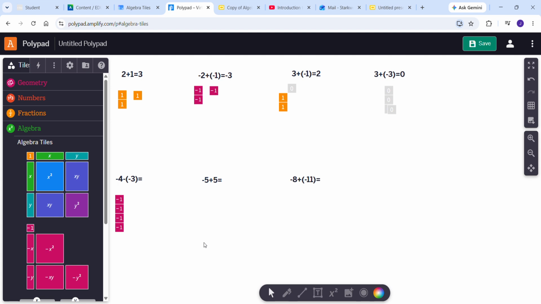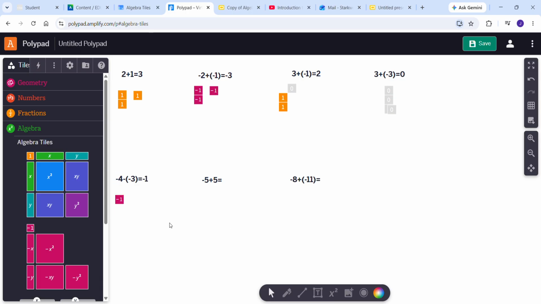Four negative tiles. We have 4 -1 tiles. So now we want to take away 3 of these tiles. And fortunately, we have at least 3 tiles that we can take away. So we can simply go 1, 2, 3. And what are we left with? -1.